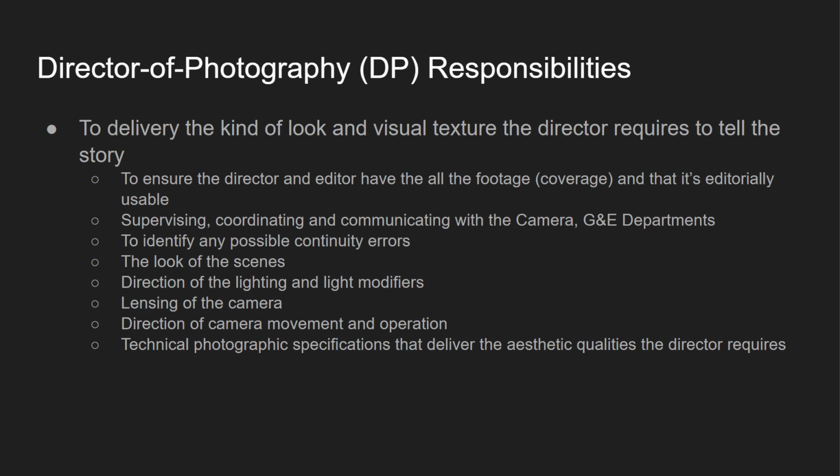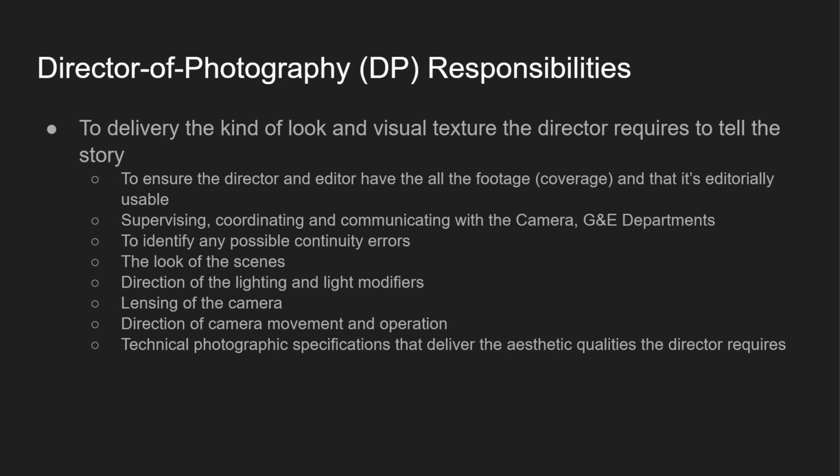So let's talk about the director of photography now. The director of photography reports directly to the director, and their job is to deliver the look and feel that the director requires for the story. To do that, they have to ensure that the director and the editor have all the coverage that is editorially usable to create the story.